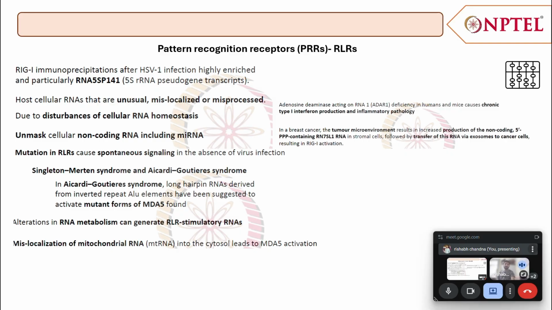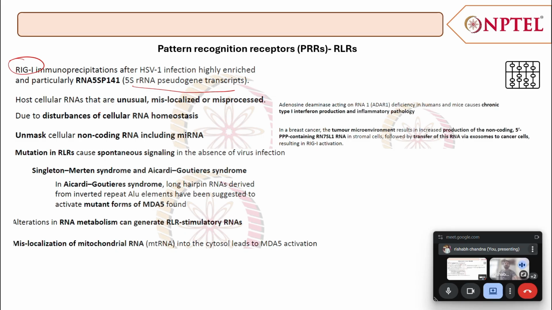Okay, so moving on to these particular RLRs and how they have a role in recognition as well as in the therapy perspective. Okay, so in the literature, it has been studied that RIG1 immunoprecipitations after herpes simplex virus infection were highly enriched, and particularly the 5S RNA pseudogene transcripts were found to be bound to RIG1. Okay.